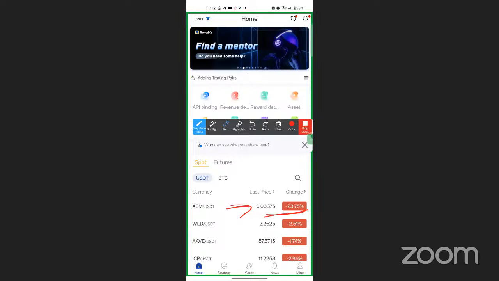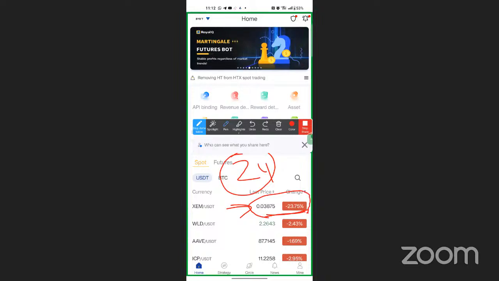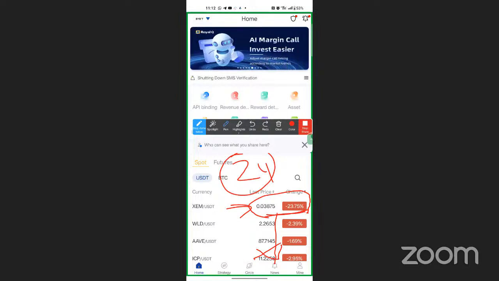No. This means in the last 24 hours, this is from where the coin was. This is how the coin has fallen. Give me a two in the chat if you have understood that statement.